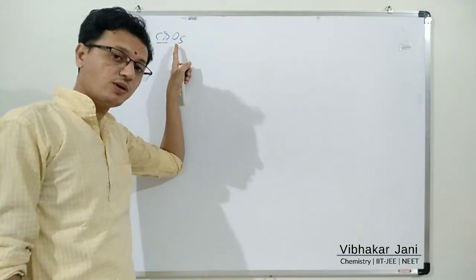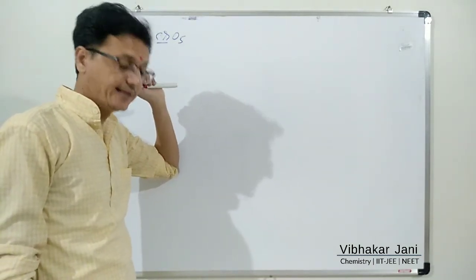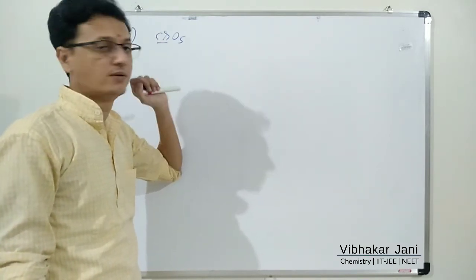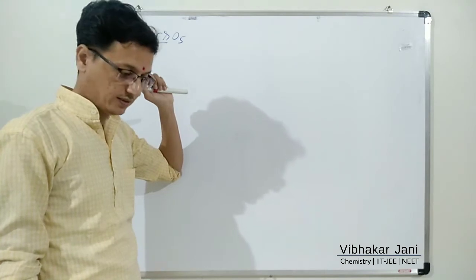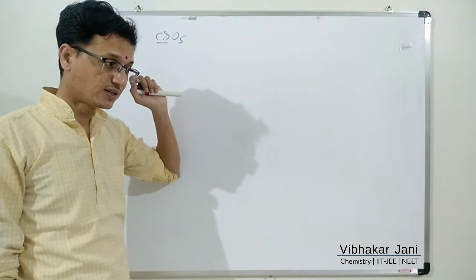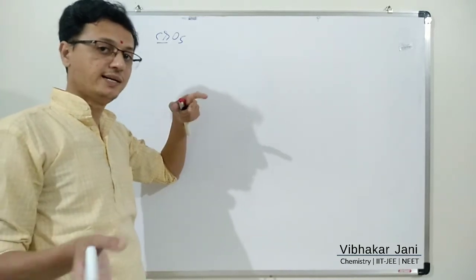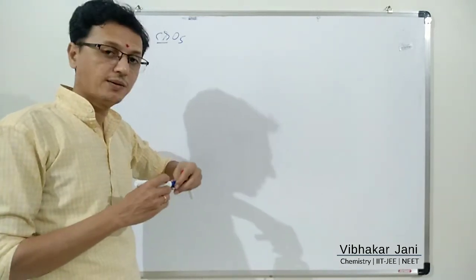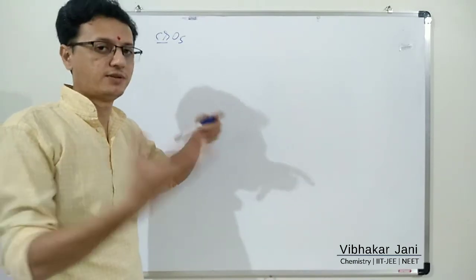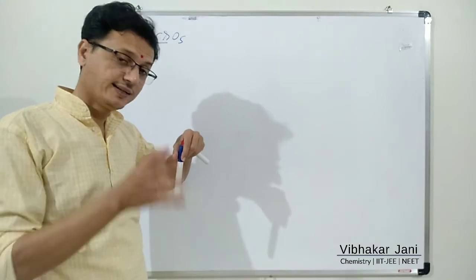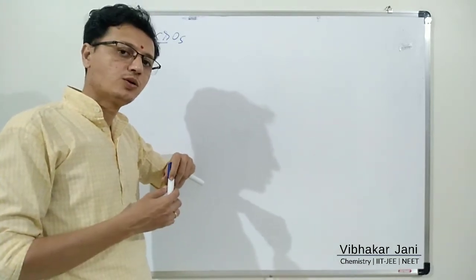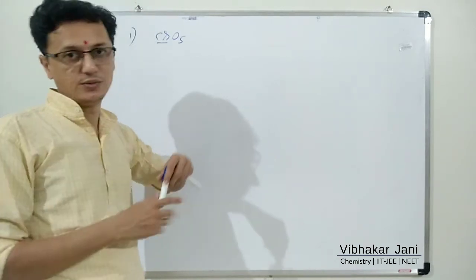All the oxygens do not have the same oxidation state, and that can be decided by the structure of this compound. So first of all we have to draw the structure. What the structure of any compound will be, you will learn in a new chapter, chemical bonding and molecular structure, after some time, and then you will be able to draw the structure of any molecule.